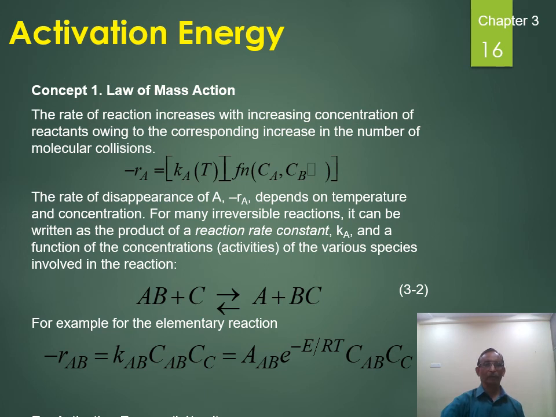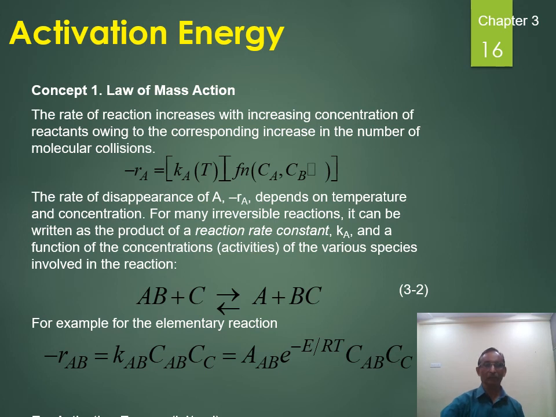Second point in this law of mass action: the rate of disappearance of A, that is minus rA, depends on temperature and concentration. For many irreversible reactions, it can be written as the product of the reaction rate constant, k, and a function of the concentration, that is, activities of the various species involved in the reaction.